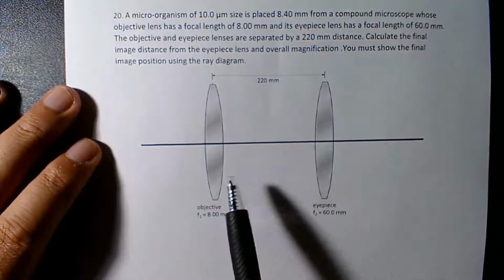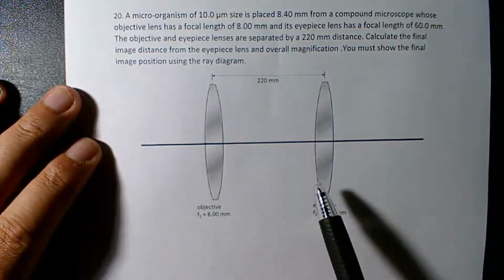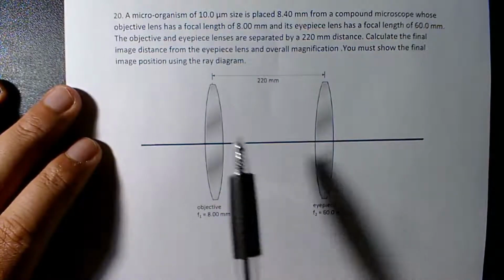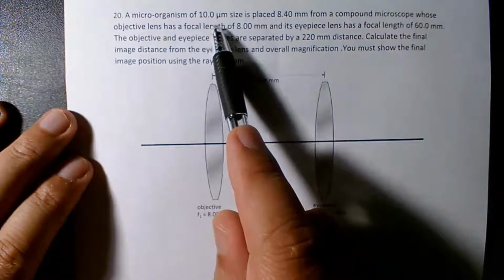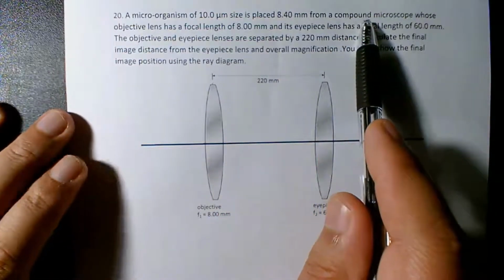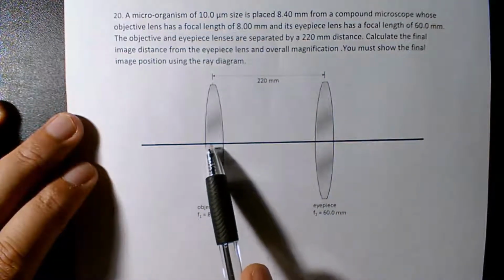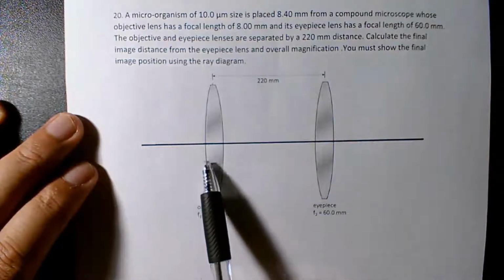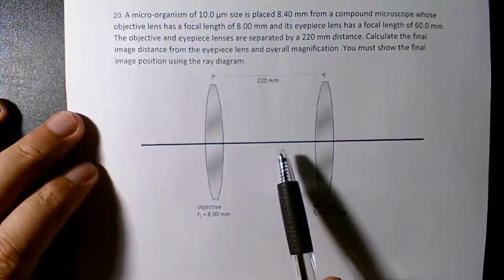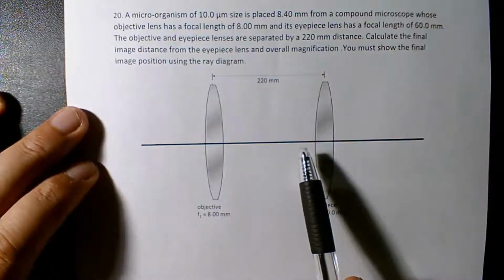One is the objective, with a focal length of 8 millimeters. The second is the eyepiece, with a focal length of 60 millimeters. A microorganism of 10 micron size is placed 8.4 millimeters from the objective lens of the compound microscope, just beyond the focal point of the first lens. It's asking for the final position of the image and the overall magnification.